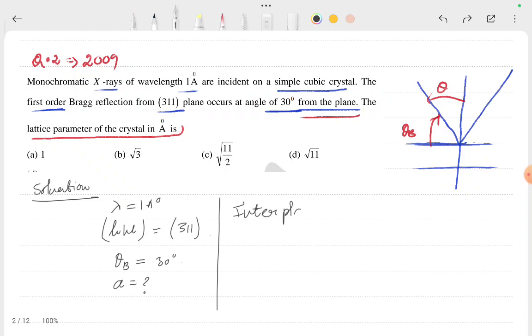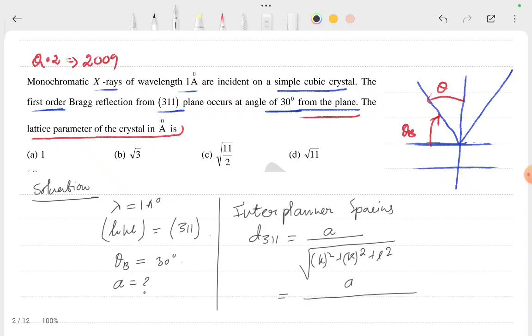The interplanar spacing d311, for a simple cubic crystal, is a upon the square root of h square plus k square plus l square.